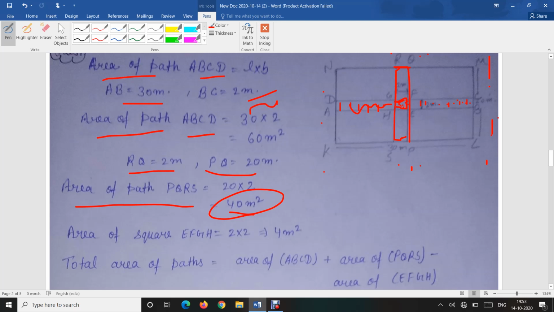That means this portion is counted twice, but we have to count it only once.